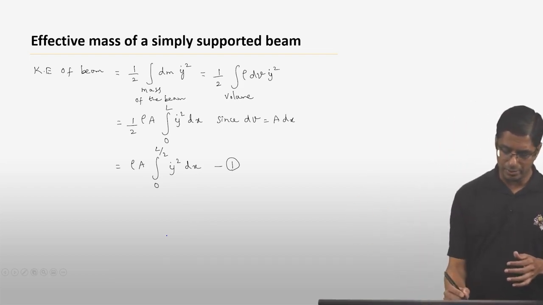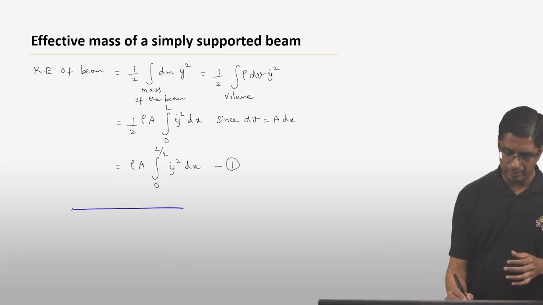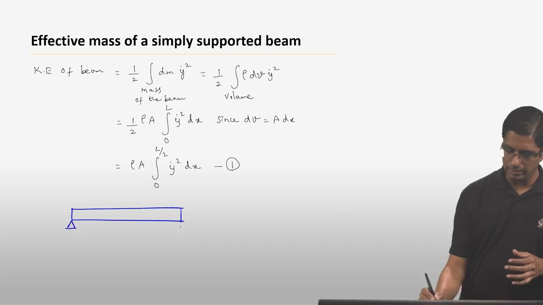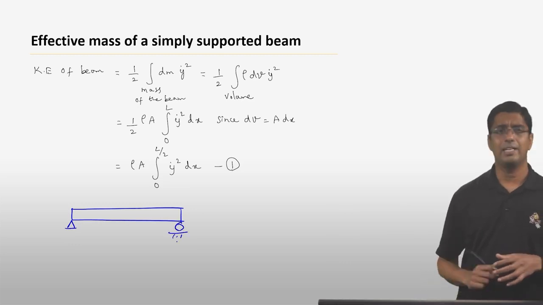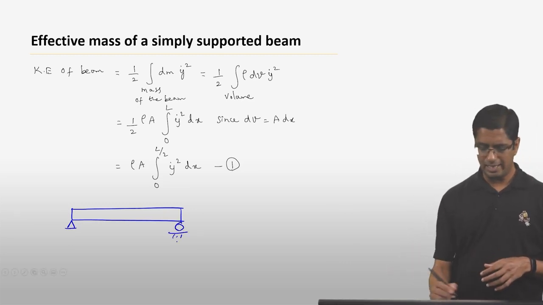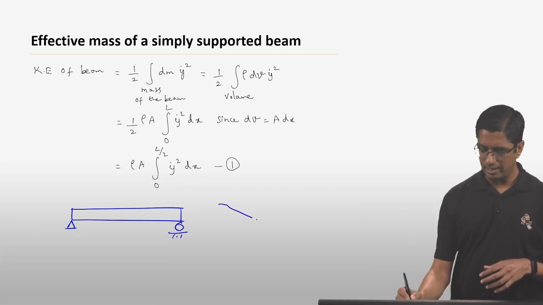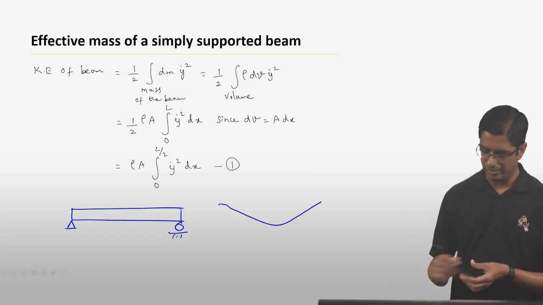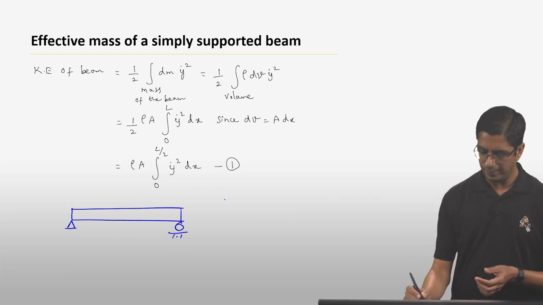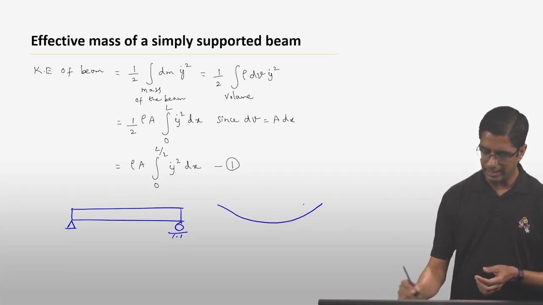So let's say that you have a beam, like the simply supported beam. Let me just draw this a little bit more precisely. Let's say the beam has this configuration as it is vibrating.